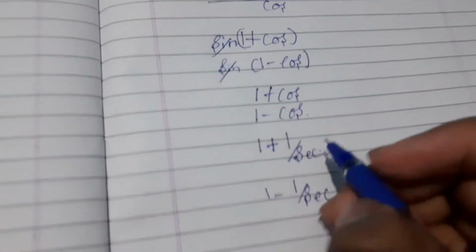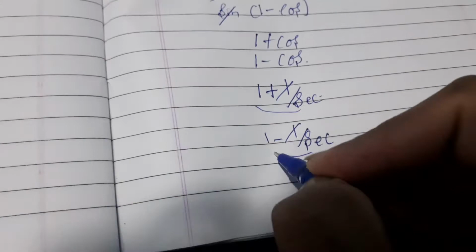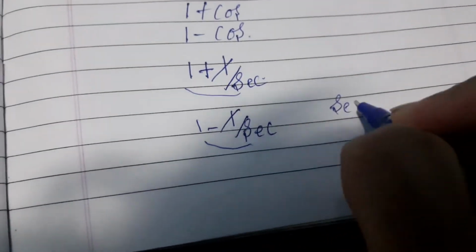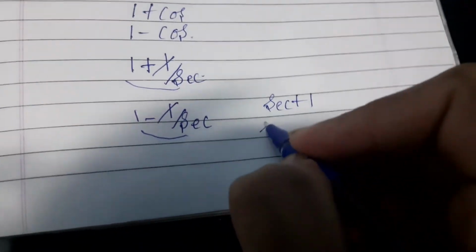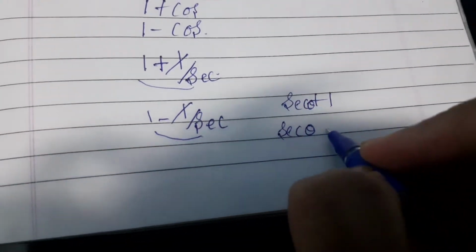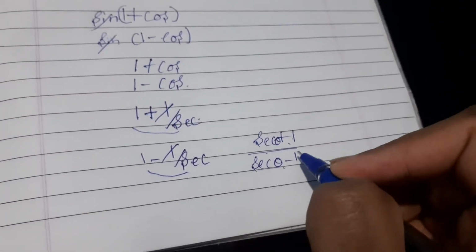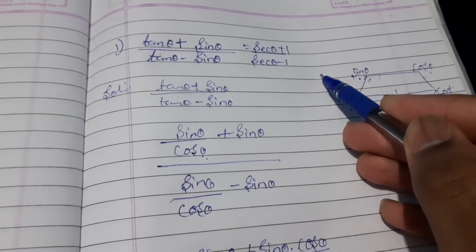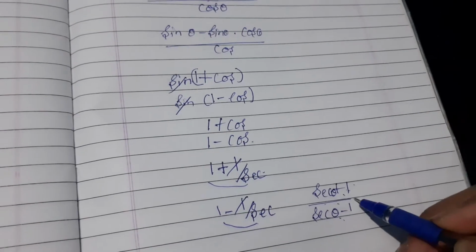Okay, then remove this, the 1 will cancel, the secant theta will come here, the reciprocal. So secant theta plus 1 by secant theta minus 1. We have got the answer: secant theta plus 1 by secant theta minus 1.